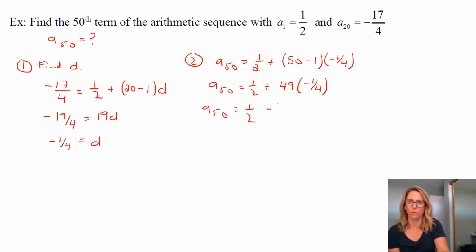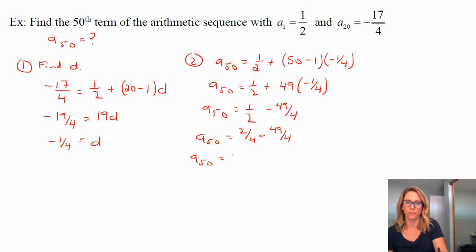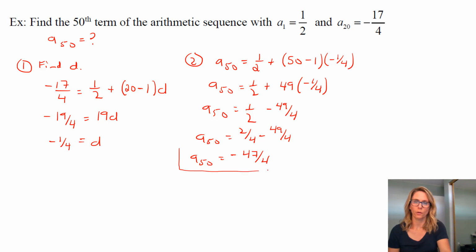So negative 49 over 4, and that will be 2 over 4 minus 49 over 4 gives us our 50th term of negative 47 over 4. And so that will be a sub 50, our 50th term in this arithmetic sequence.